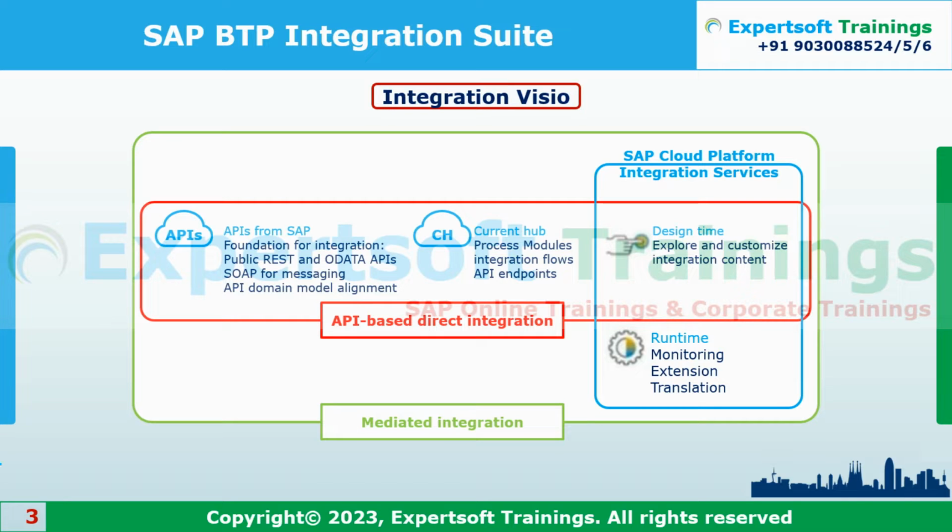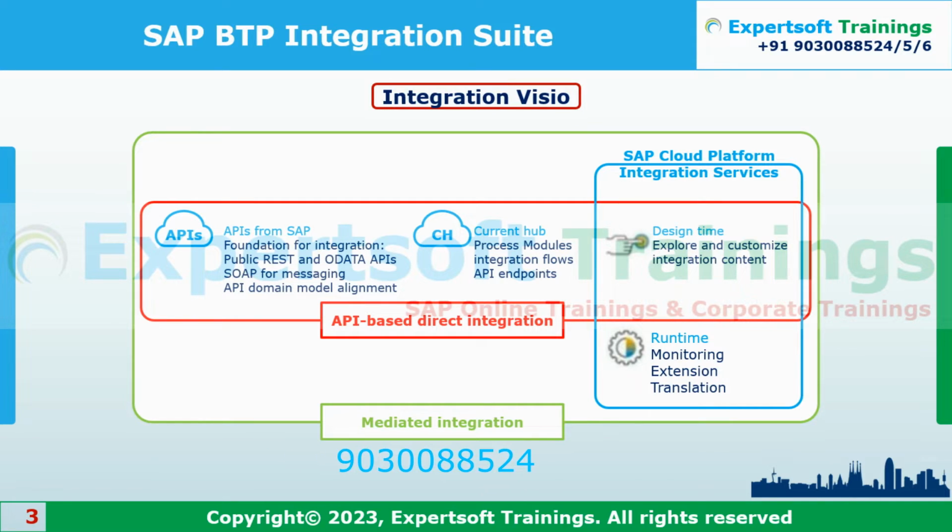Now, in this particular slide, you can see that we can have API-based direct integration, so we can have point-to-point integration also. And in some cases, we do require a mediated integration. What it means is you have a platform specifically designed to handle integration scenarios.